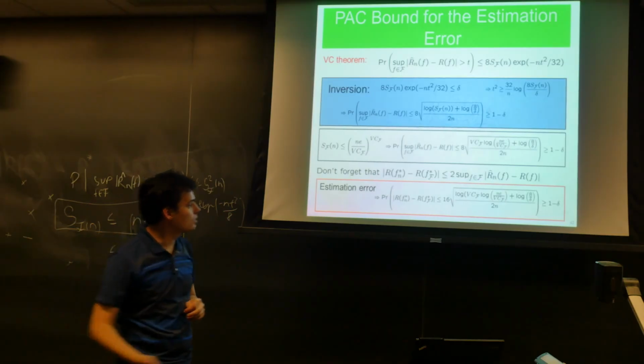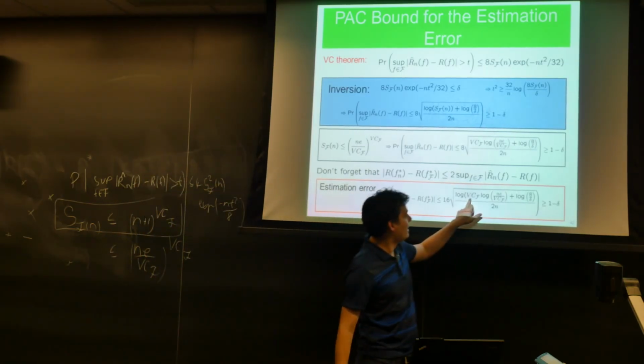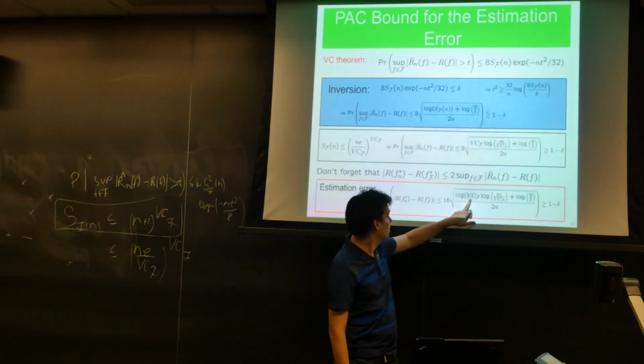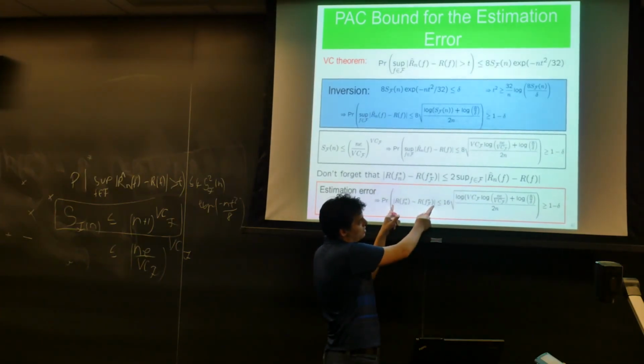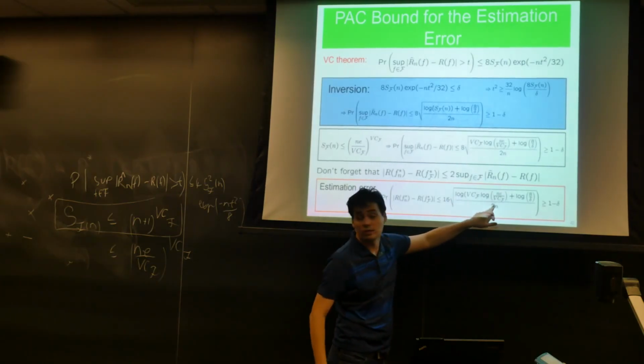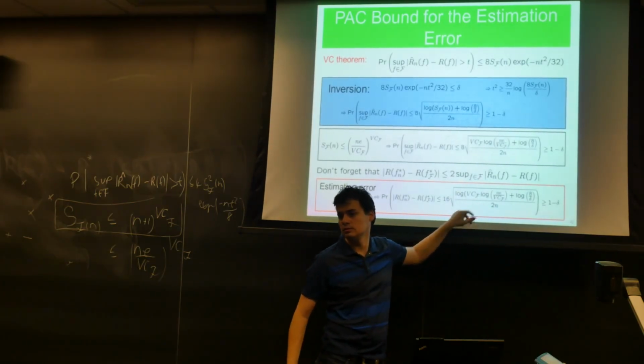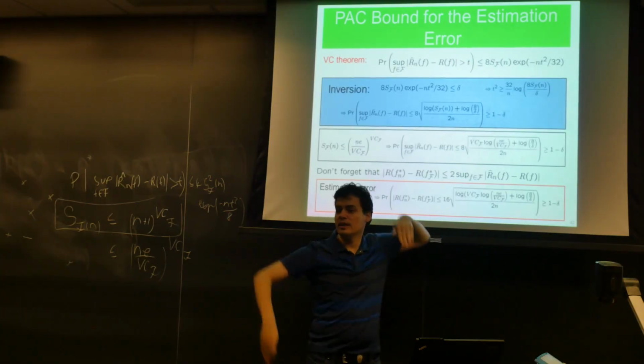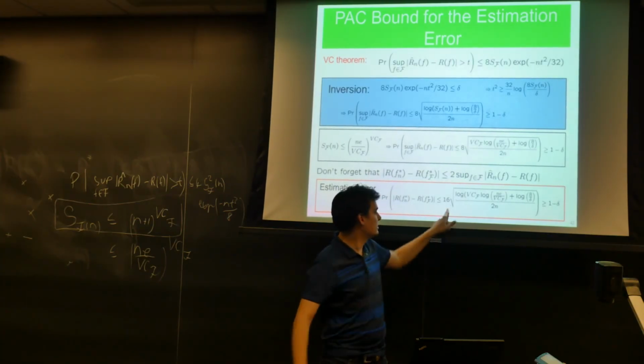Again, what's the message of this? If you have a finite VC dimension, then on the estimation error you have this square root of n bound. So with high probability, the estimation error goes to 0 with rate square root of n.